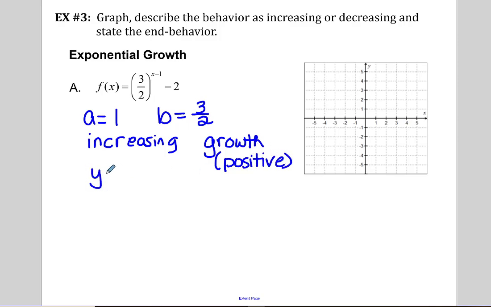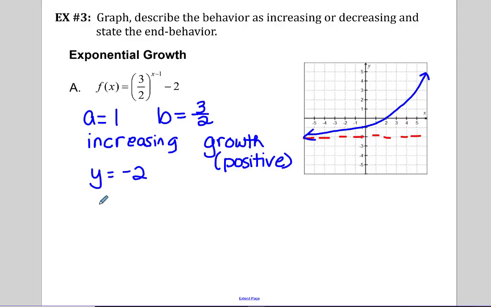The asymptote is negative 2, so let's sketch that in. Negative 2. And we have positive growth. Ooh, I'm not very good at doing this. You can do better on your paper.